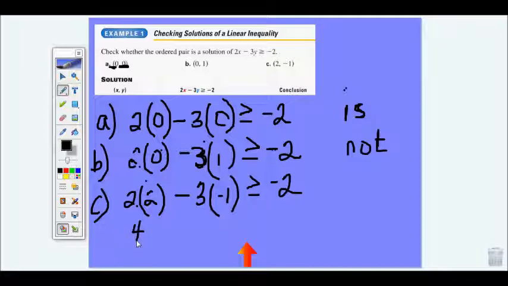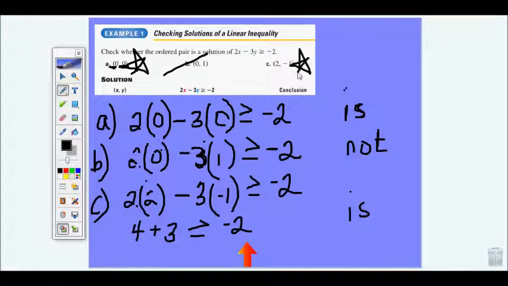Negative 3 times a negative 1 is a positive 3. Is 4 plus 3 greater than or equal to negative 2? Well, that would be 7, and yes, 7 is greater than or equal to negative 2. Actually, it's only greater than. So that is a solution. So letter A is a solution, letter B is not, and letter C is a solution.